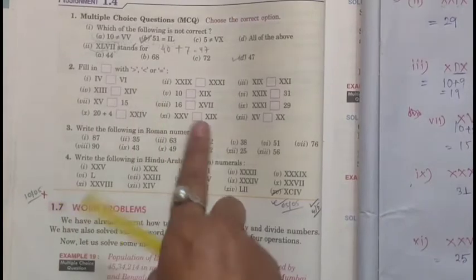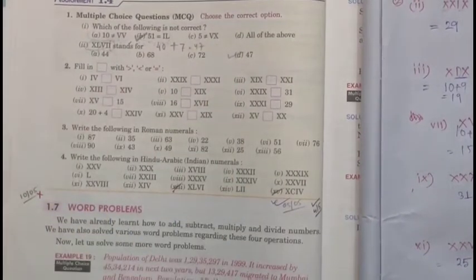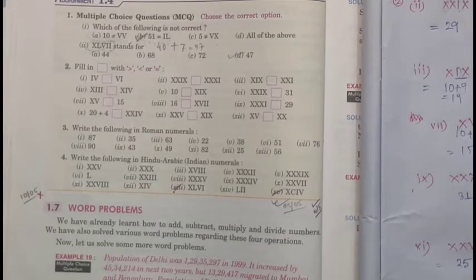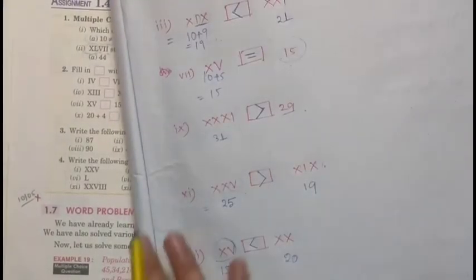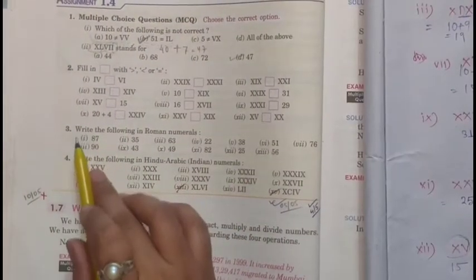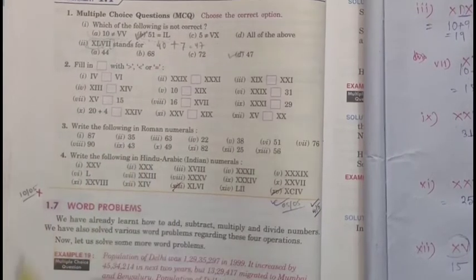Okay. So in question 2, I have done some questions, but I have left some questions for you. So you will do those questions by yourself, and you will do these questions also by yourself. Okay. Next question, question number 3. Write the following in Roman numerals.